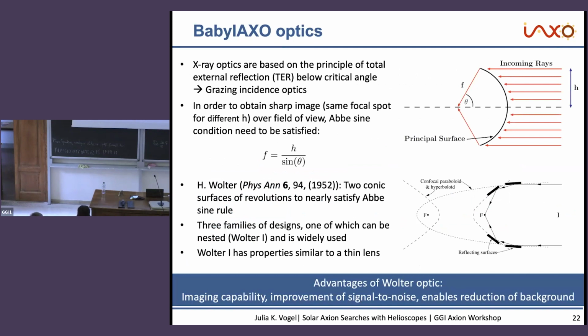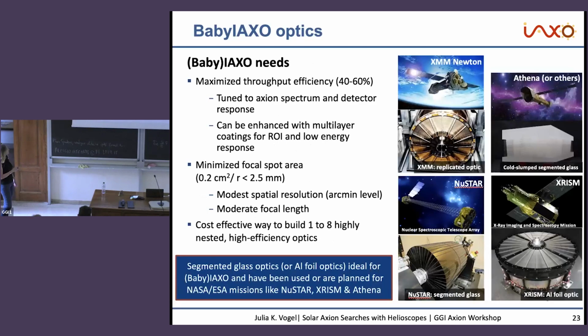Hans Wolter suggested several designs to achieve that, or to nearly fulfill the Abbe sine condition, with the so-called Wolter telescopes. The Wolter type 1 telescope is the one most widely used in X-ray astronomy, and it has properties similar to a thin lens. It has very good imaging capability, so it's easier to achieve good spatial resolution, or for us in this case, whatever we need in the spatial resolution, so it relaxes our construction requirements. It improves signal to noise and also enables the reduction of background.